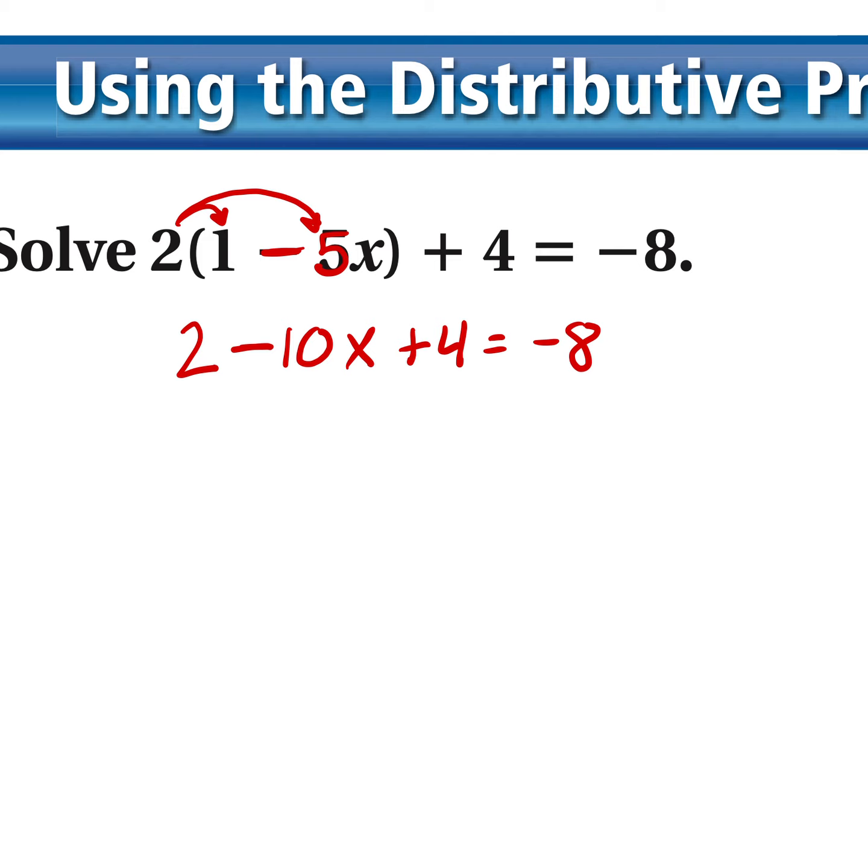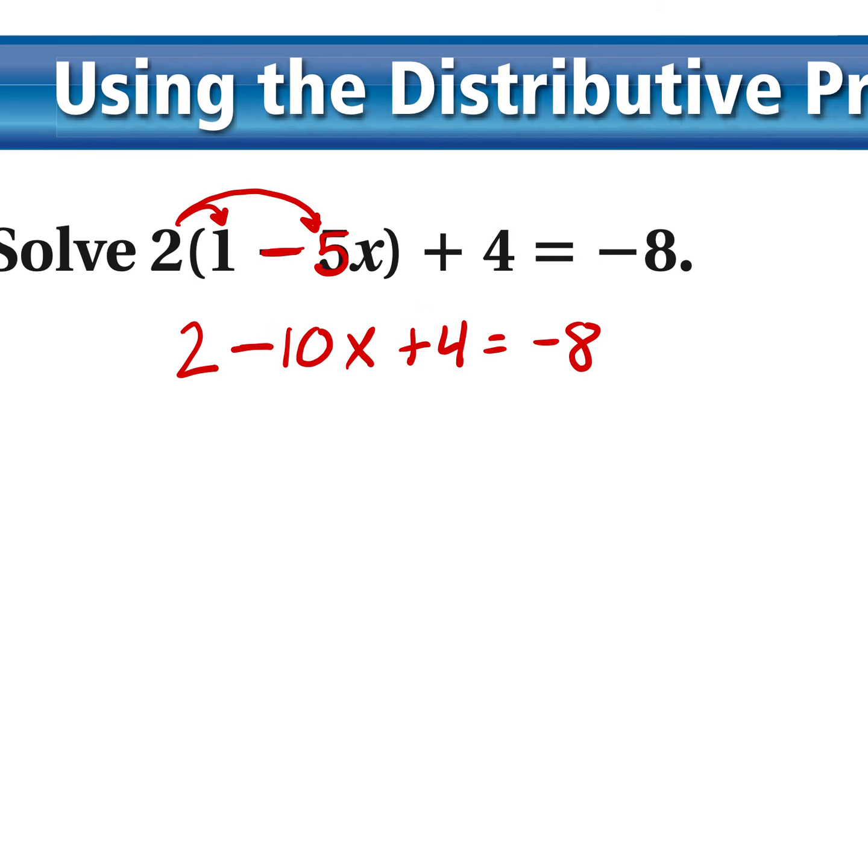Okay. Now just like the problem we just did, I see like terms. Not when it comes to my x's, but when it comes to my plain old integers, right? I've got 2 plus 4. A lot of kids will say, but Ms. Ringler, aren't we going to say 2 minus 4? Well, no, guys, because that minus sign is actually the 10s, right?